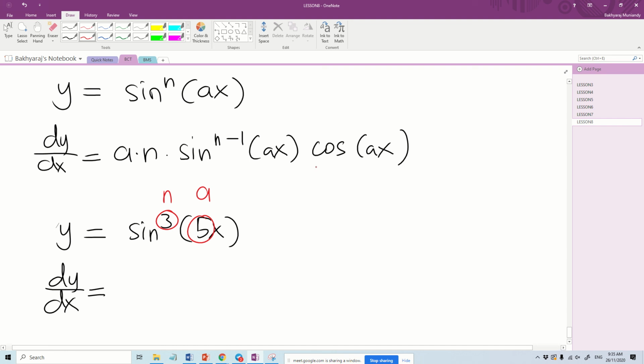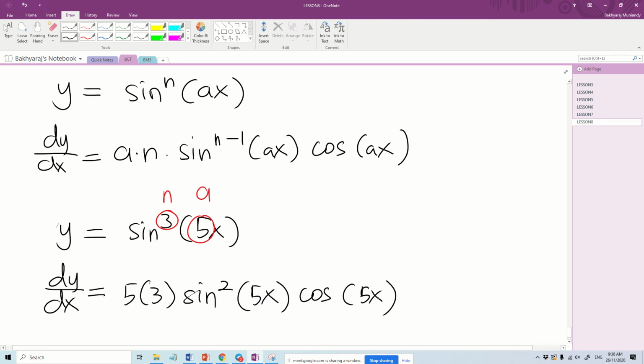So a is 5, n is 3, so you can put it into the formula. So my formula will be 5 times 3, then sin, and then 3 minus 1 is 2, and then 5x. And copy back, maksudnya sini akan dapat cos 5x. Just belakang tu dia akan copy balik. Sin kena dapat cos, and the ax copy balik lah. So you akan dapat cos 5x.